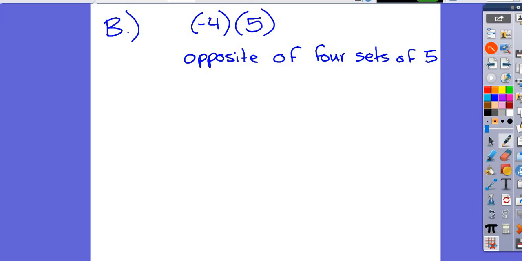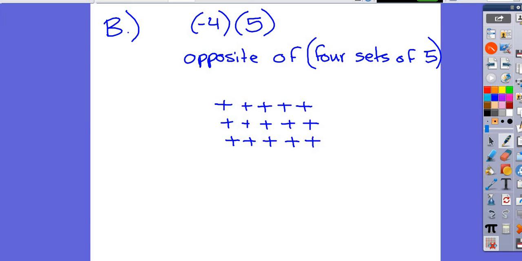Okay? So first I need to draw 4 sets of 5. So I need positive. So I would probably just do symbols like that. That's 1 set of 5. I need 4 of them. There's 3.